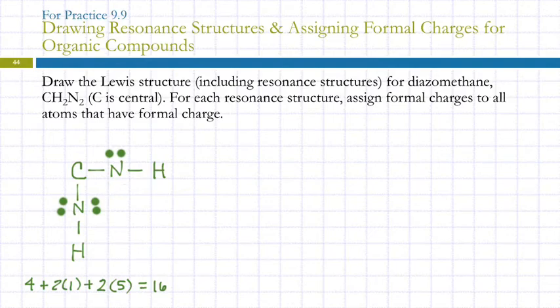So I'll take this lone pair and share it with the carbon. So now this nitrogen has an octet. This nitrogen has an octet, but the carbon doesn't. This time, though, I can take one of these and share it with the carbon. Now, does everybody have an octet there?